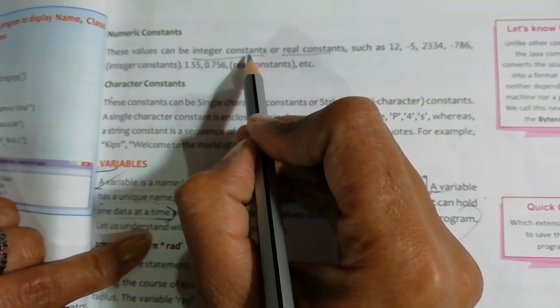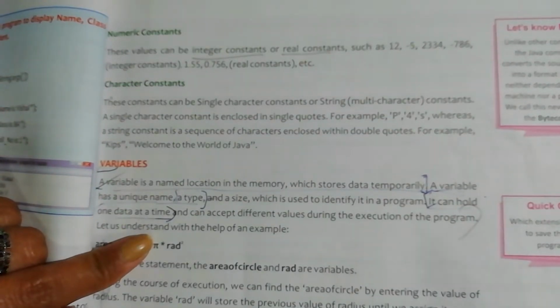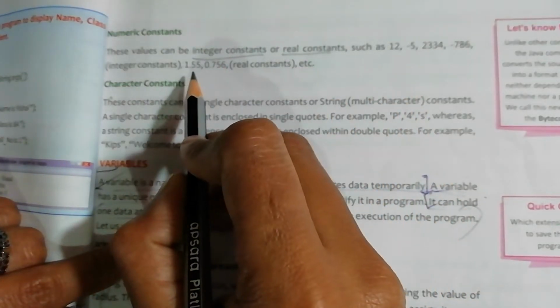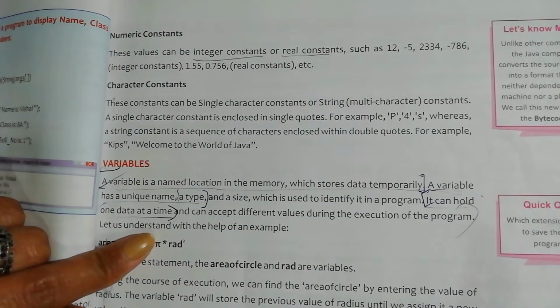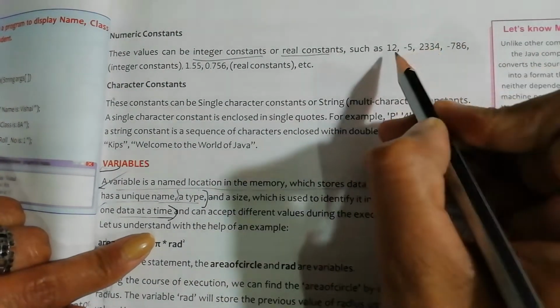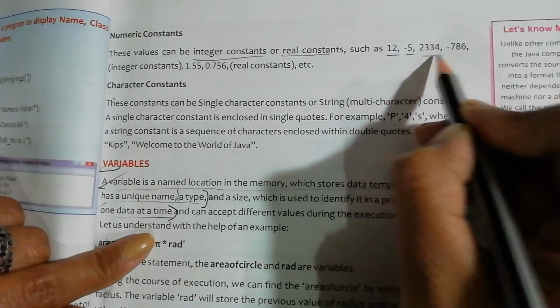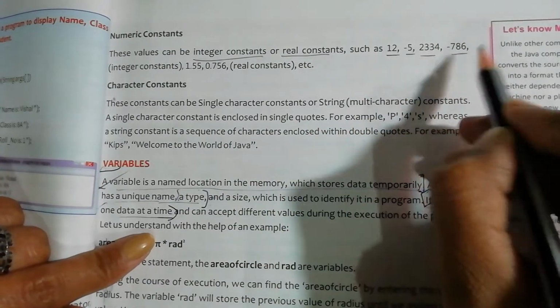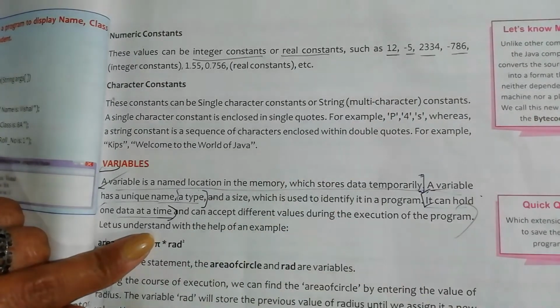Integer constant means a value which does not have any point, or you can say a decimal. एक ऐसा नंबर जिसमें कोई भी पॉइंट नहीं है, that number is called an integer number. For example, 12, minus 5, 2, 3, 3, 4, minus 786. So these are integer numbers because they do not have any decimal point.